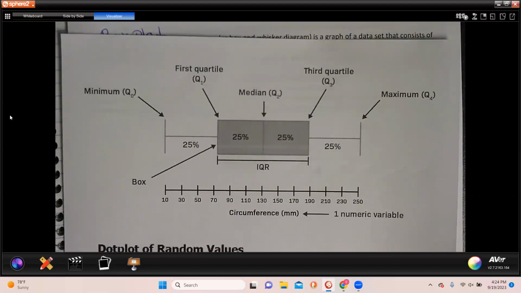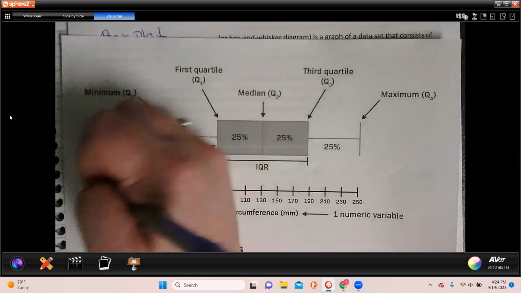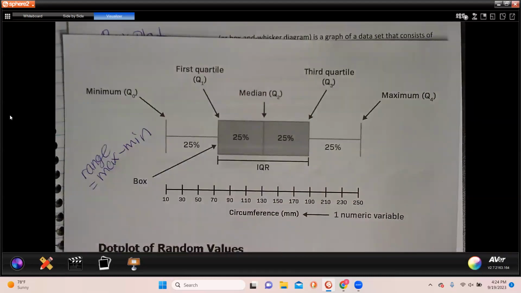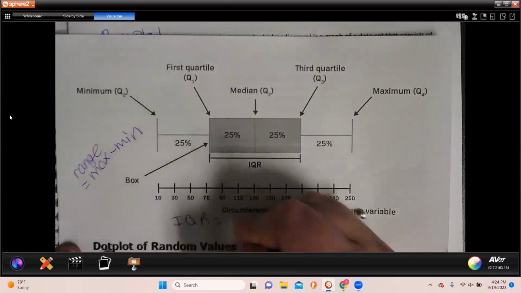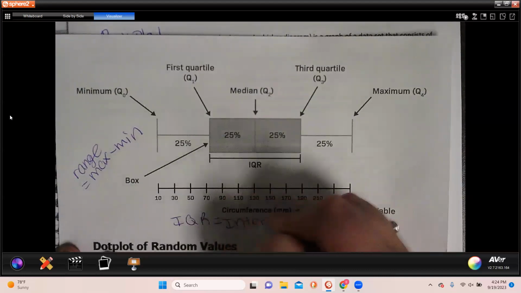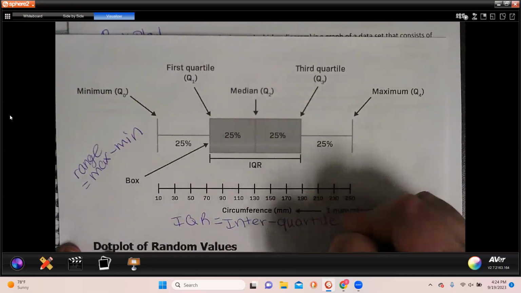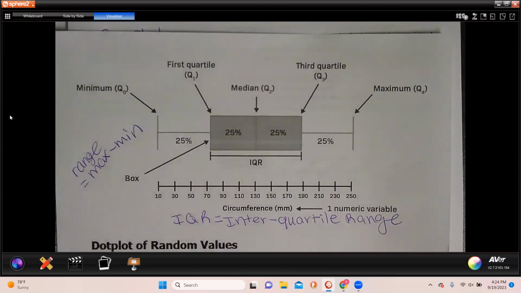Just to point out something else: now we know what a range is, right? The range is the maximum minus the minimum. But there is a second form of range, one that is less likely to be affected by outliers. It's called the IQR, the interquartile range. Inter means between, so this is the range between the quartiles.